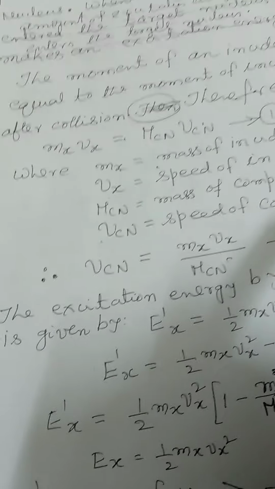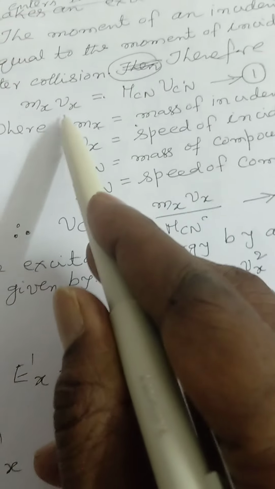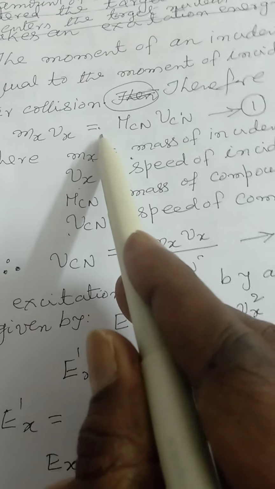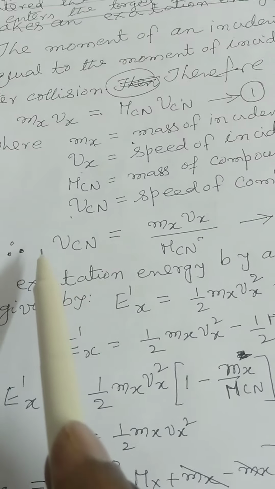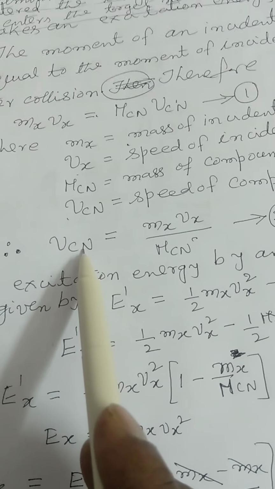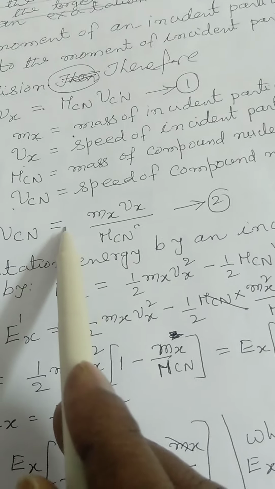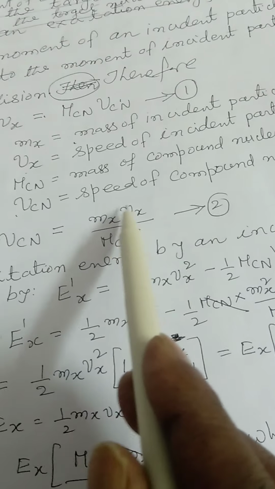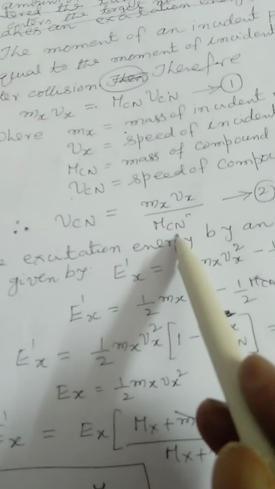Now do you understand? From equation number 1, mx vx equals Mcn Vcn, so Vcn, the speed of the compound nucleus, is equal to small mx into small vx divided by capital Mcn.